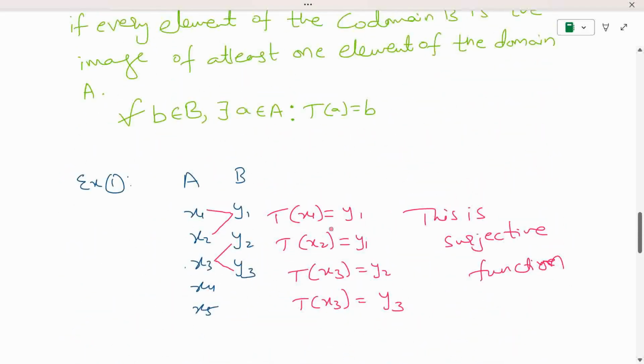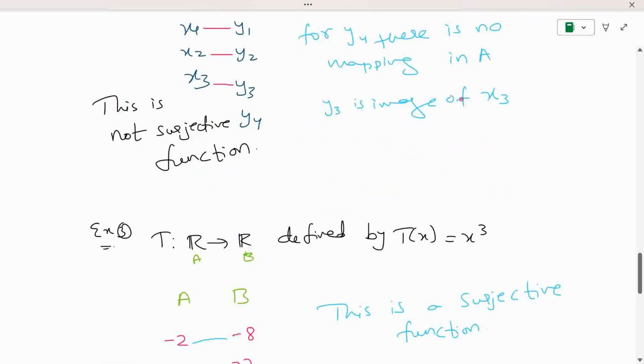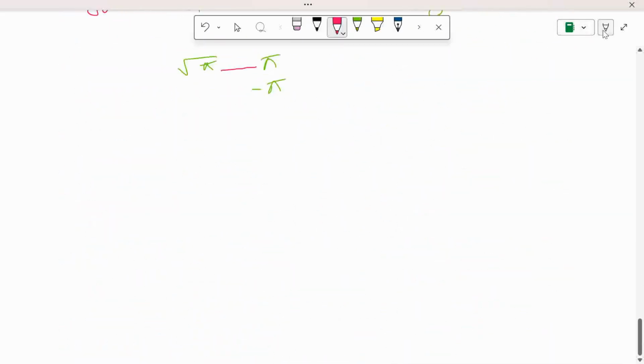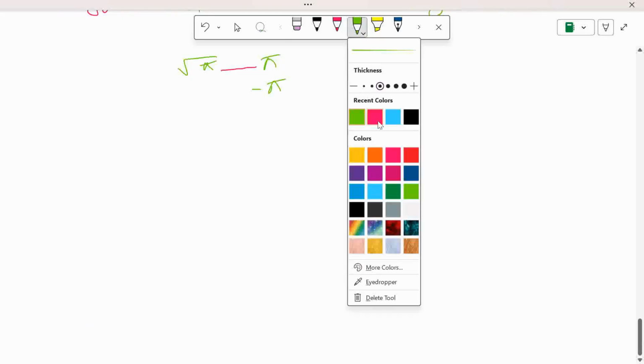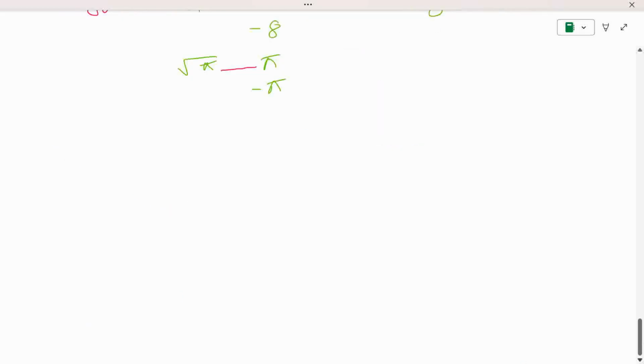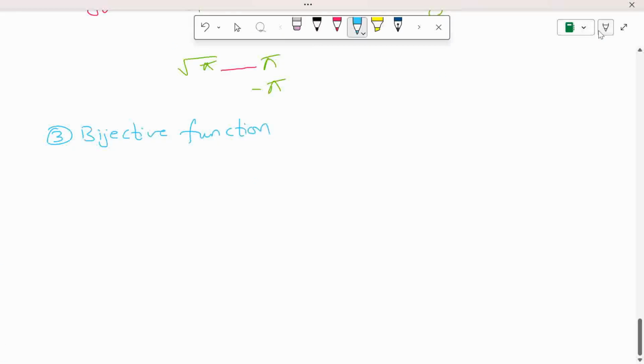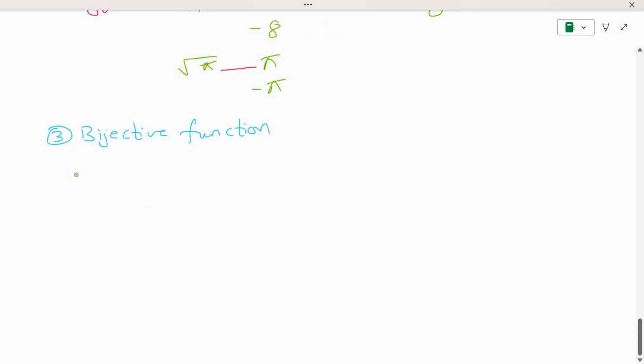Now let's see the bijective function, the third one. Let me write the definition, then we'll see the examples and understand.